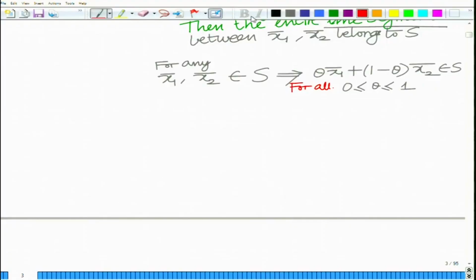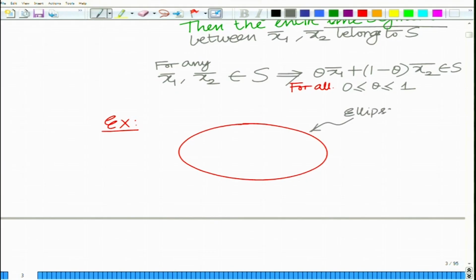And the mathematical way of stating this is that if you pick any 2 points x1 bar x2 bar, construct theta times x1 bar plus 1 minus theta times x2 bar, which represents a point on the line segment for various values of theta between 0 and 1, this point must belong to the set S. Okay. It is a very simple definition. For instance, you can readily see that an ellipse is a convex set.